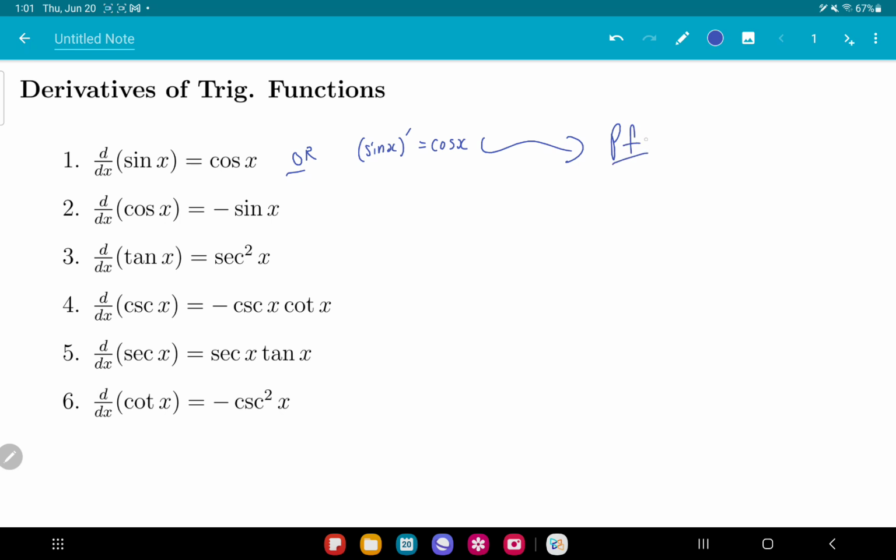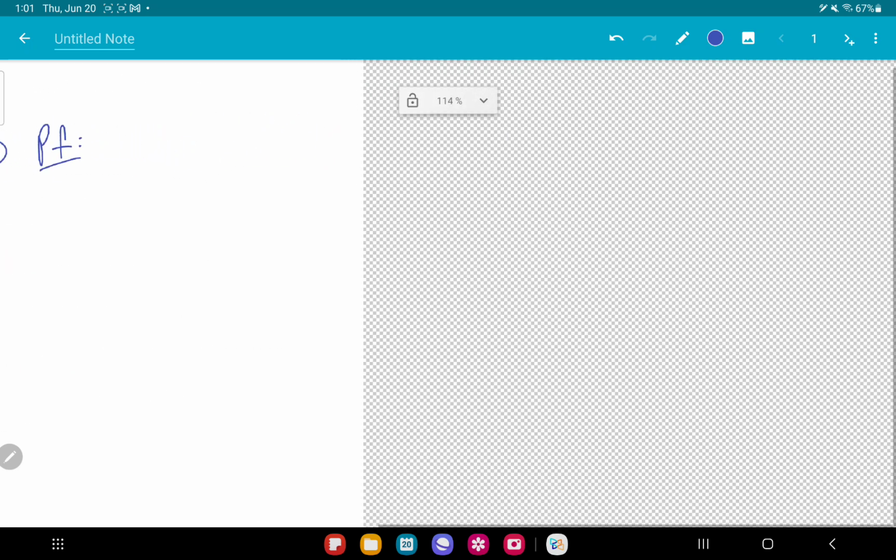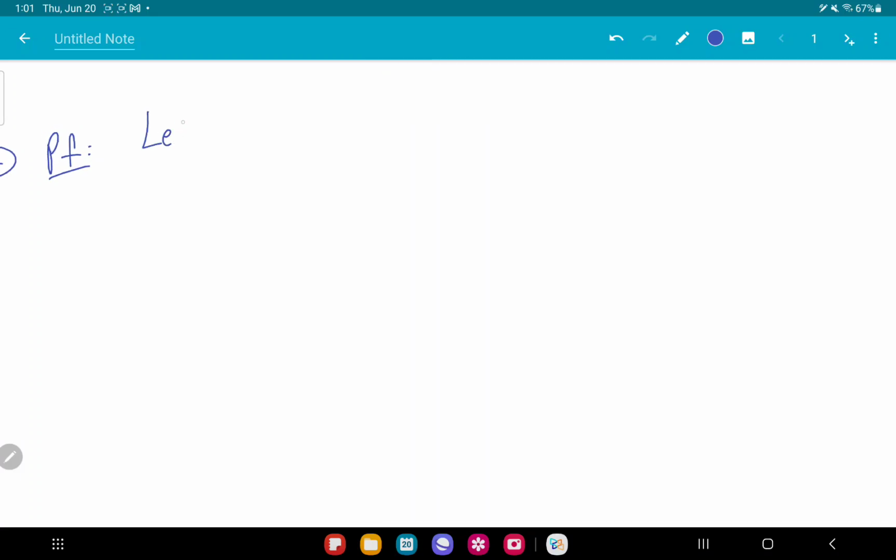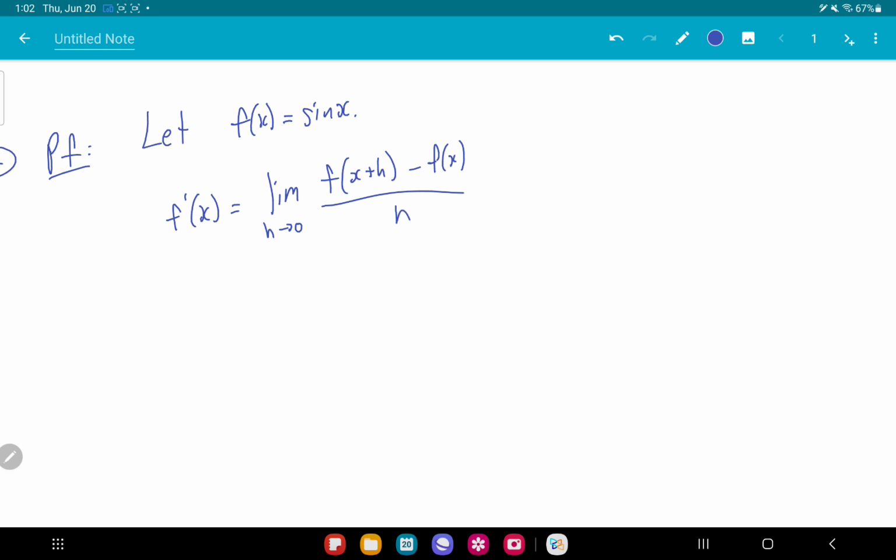So proof. Let's start by saying let f of x equals sine x. Then the derivative is given by this limit, which we memorized so long ago, all over h.